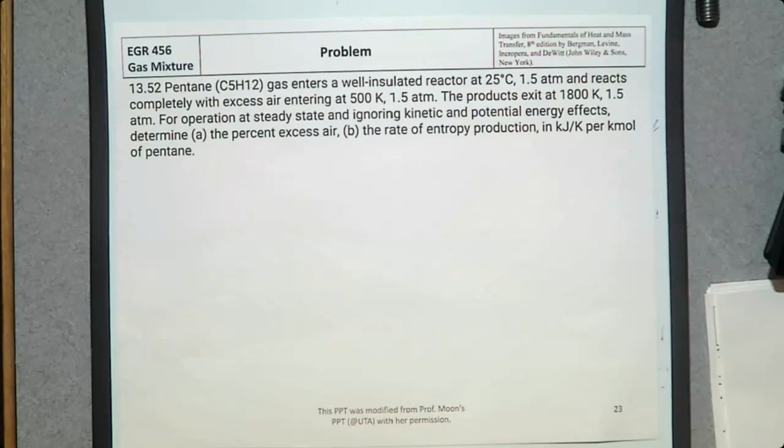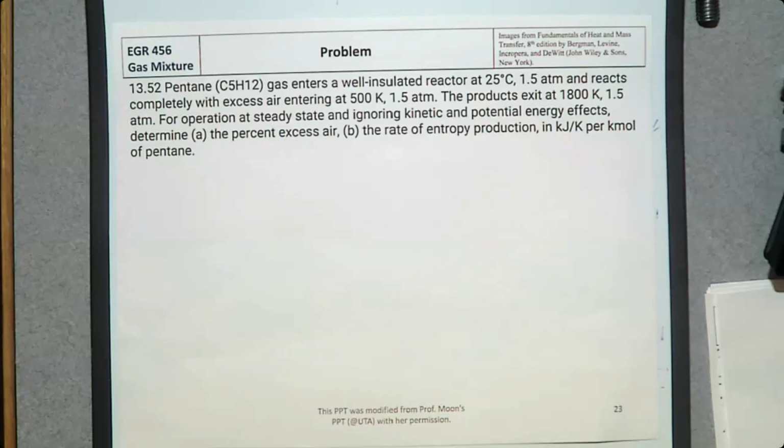That means we need to know how to determine the balanced reaction equation. And we are going to determine the percent excess air, which is based on what we learned in terms of balanced reaction equation, and the rate of entropy production that we can calculate by using entropy balance equation.